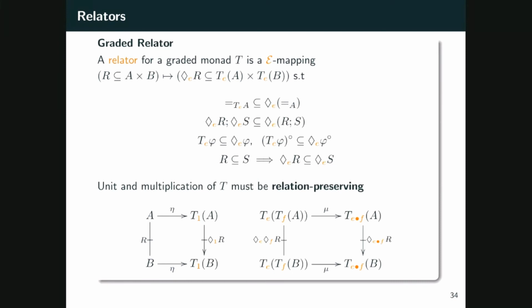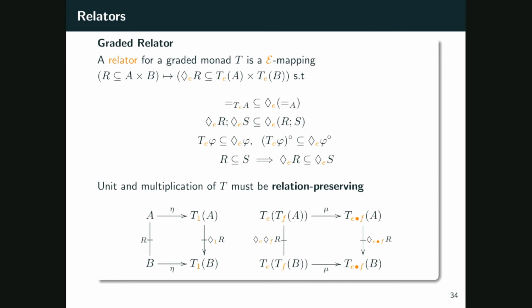So a relator for a graded monad is just a family of maps indexed by the elements of the effect algebra that takes a relation over A and B and lifts it to a relation over T_E of A and T_E of B, right? So it's just a way to lift relations from, let's say, sets to monadic sets.